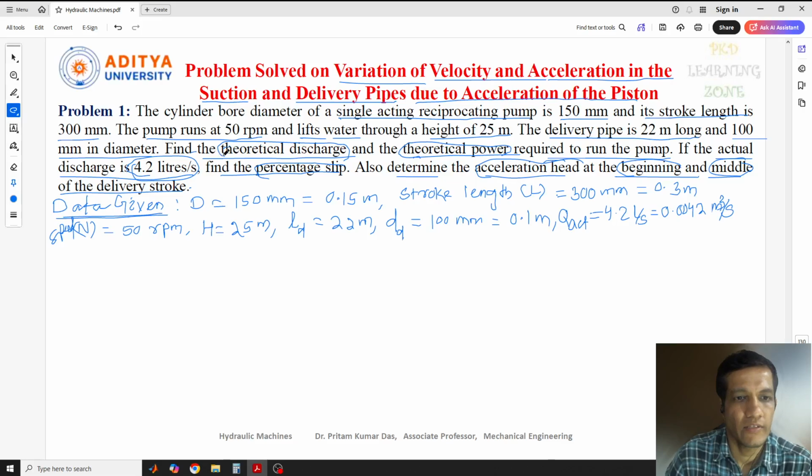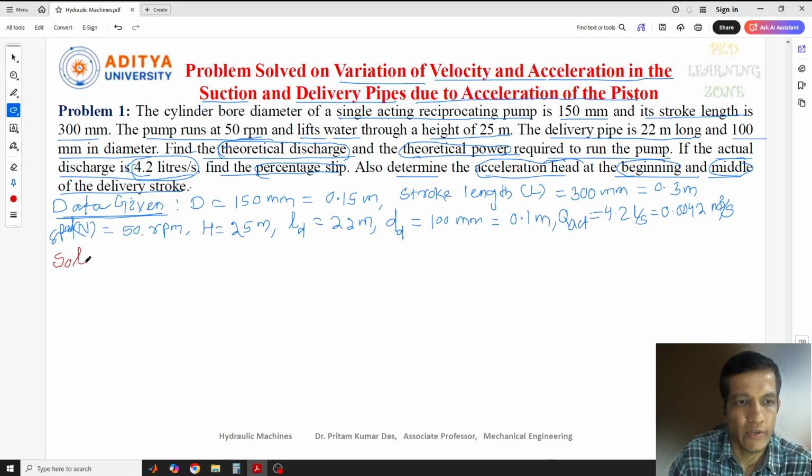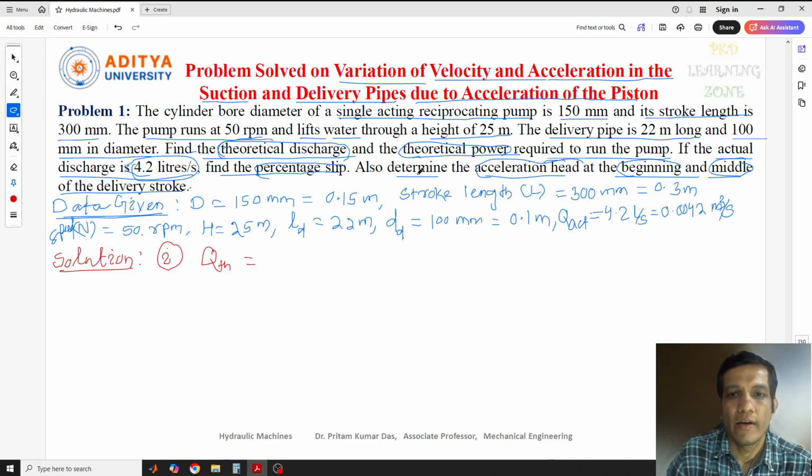Now first we need to calculate the theoretical discharge. Let's solve this. Here I'll write the solution. As I told you, the first point to calculate is the theoretical discharge, Q_TH. There are two formulas: one is 2ALN by 60, another one is ALN by 60.